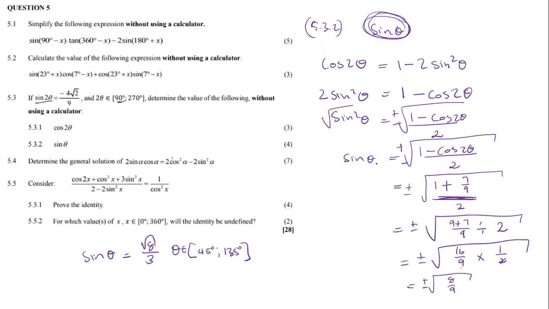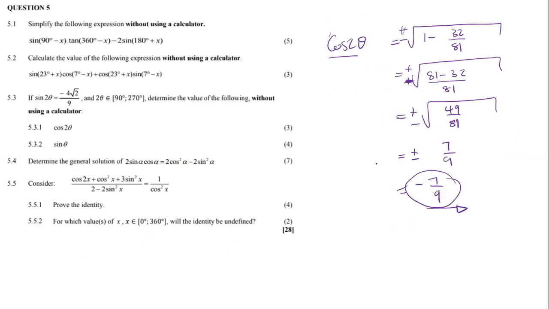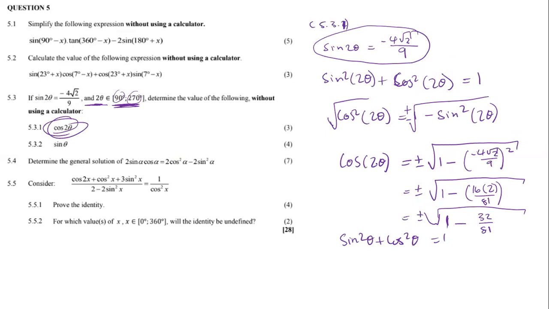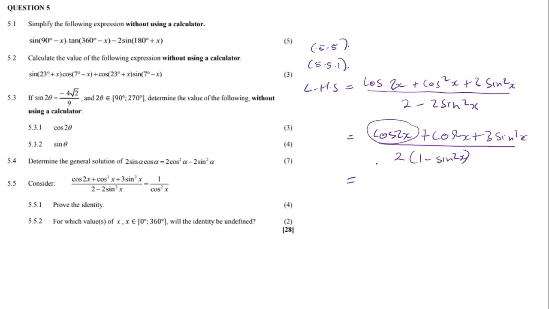Okay, let me look at my formula. If we express it in terms of cos, that will be 2 cos squared x minus 1, the double angle, right?